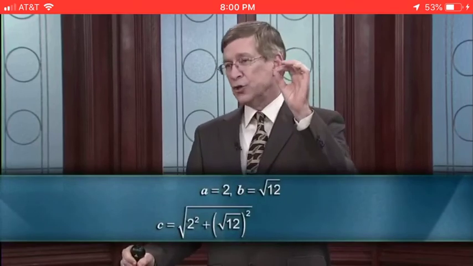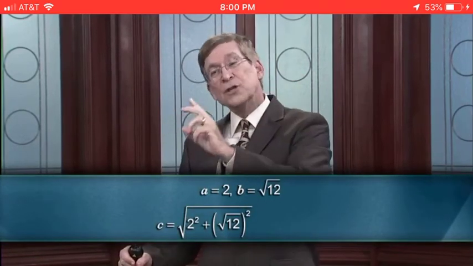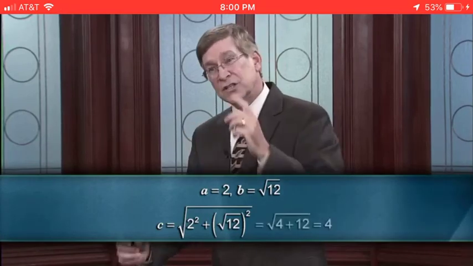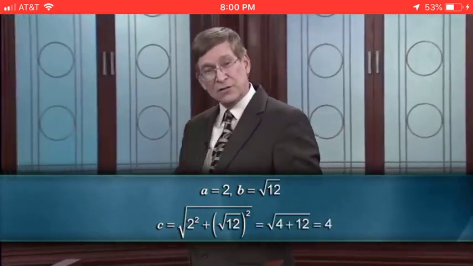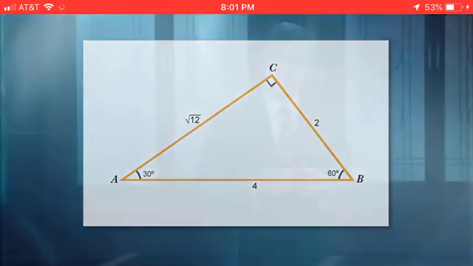We can just go square root of 12 squared plus 2 squared, and that equals 16. Square root of 16 is 4. Now we have all three sides. Square root of 12 and 2 are the legs, hypotenuse 4. And by the way, what's the angle at B? 60 degrees, and in fact it adds up to 180. Okay, we've solved this triangle.